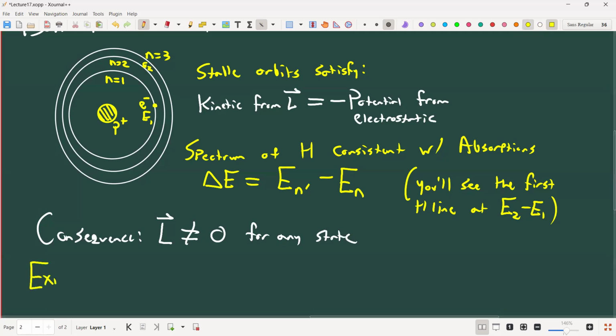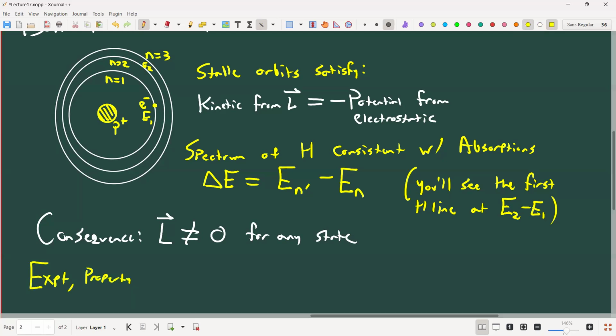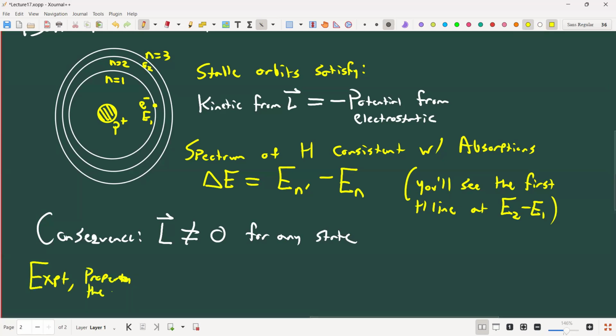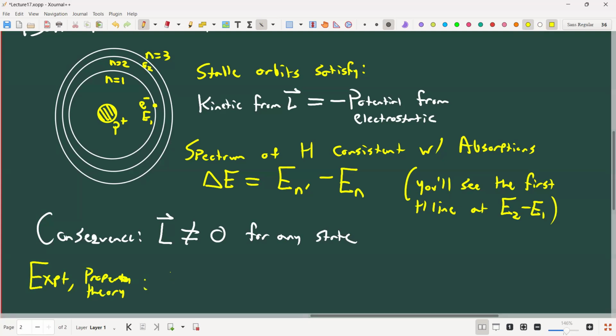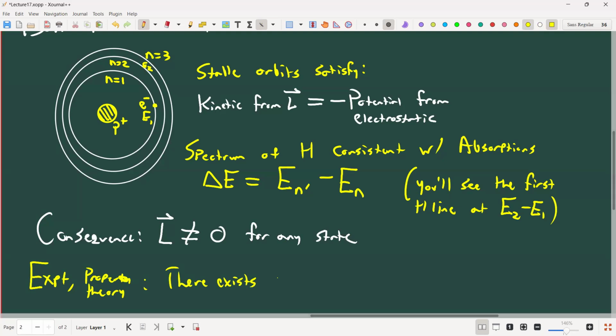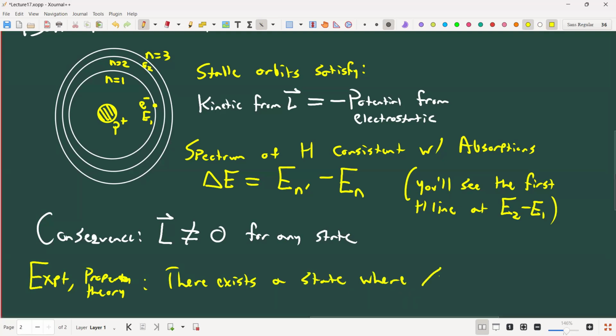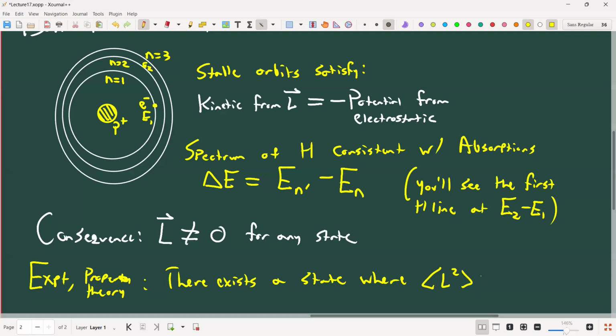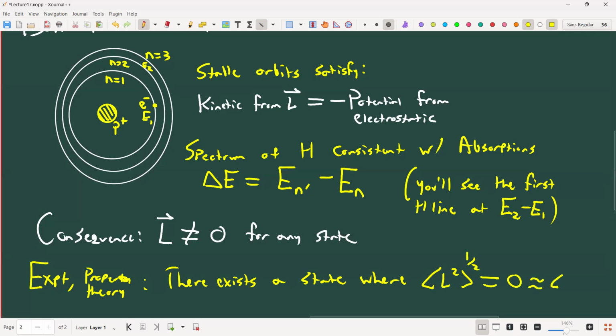Experimentally, and from the proper theory from class, there exists a state where the average value of L² to the 1/2 is equal to 0, which is kind of like the average value of L. I'm just going to write that.